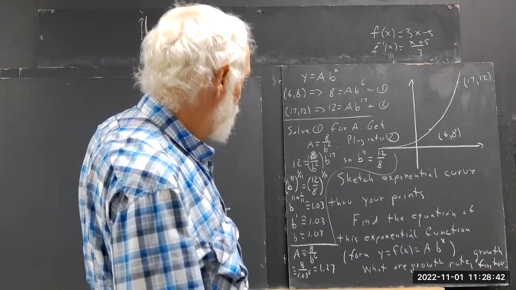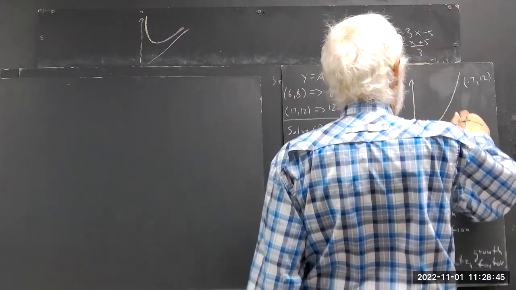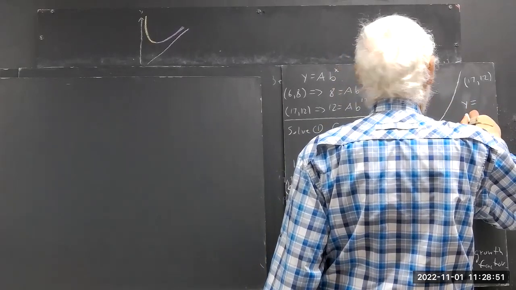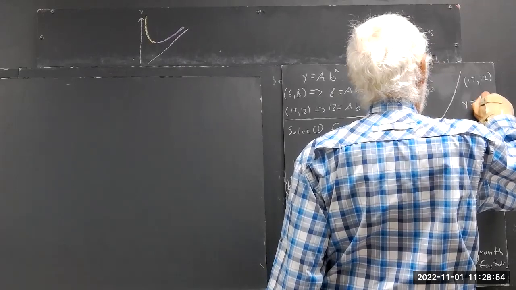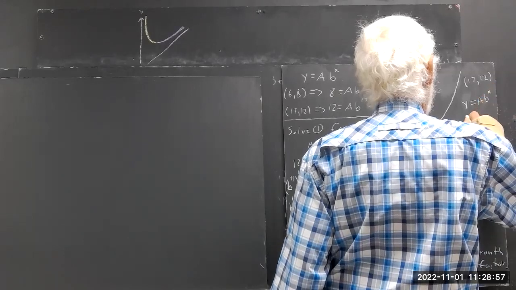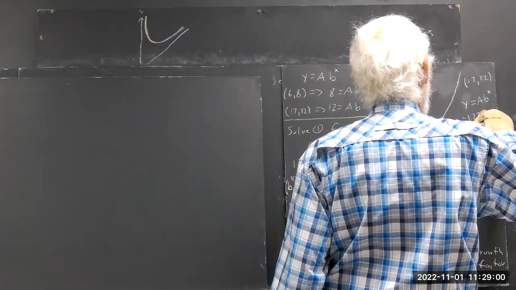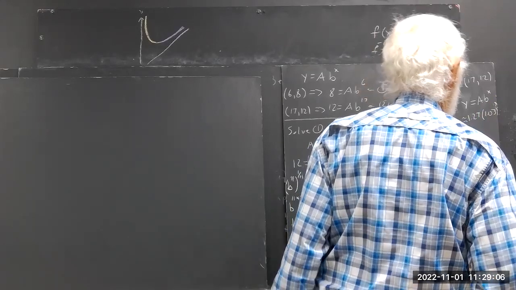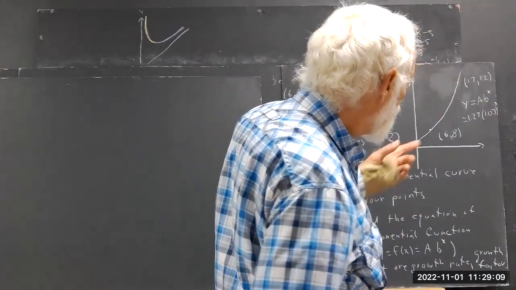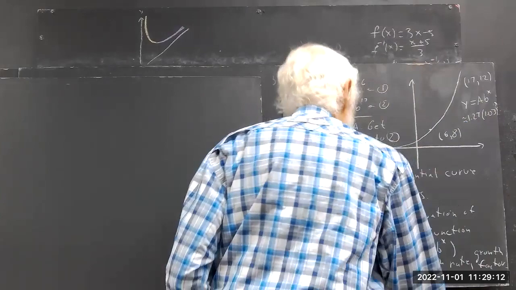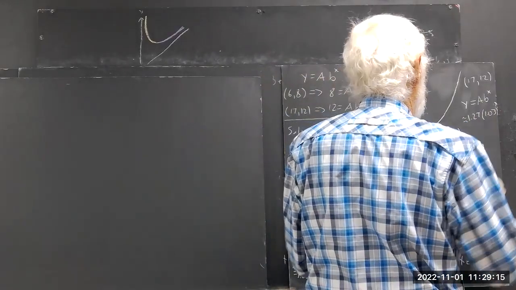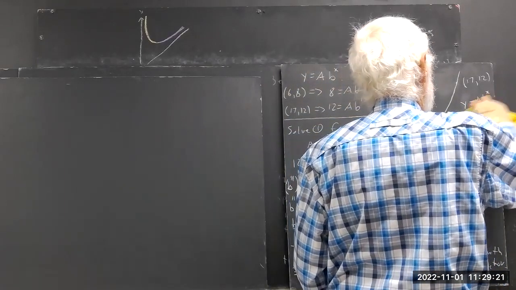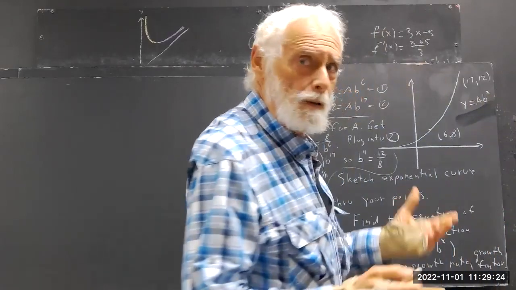But what I'm saying then is that my function should be y equals ab to the x. You make that out? I got too close to the edge of the board. Really should practice doing better with that. I think it's genetic. Okay.